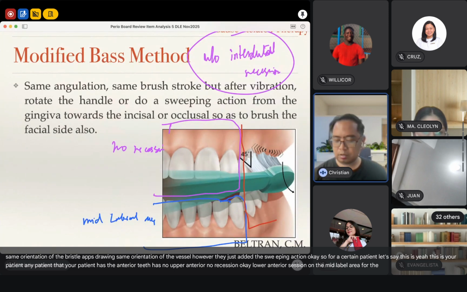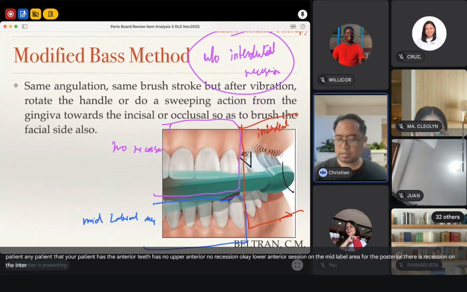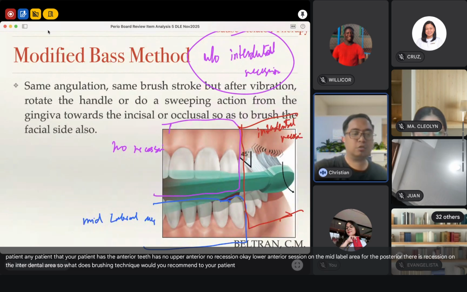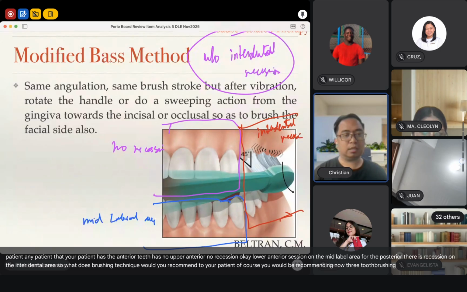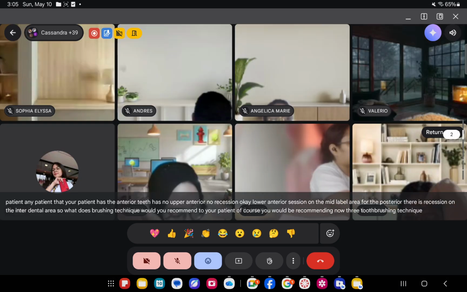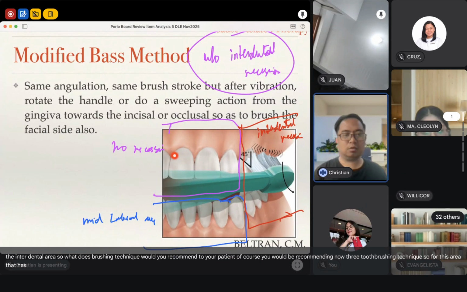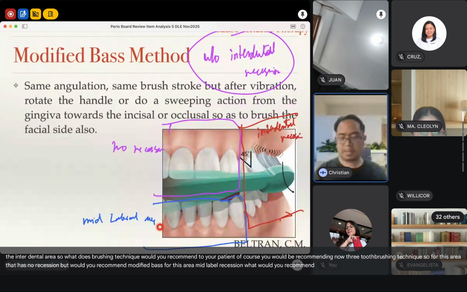For the posterior, there is recession on the interdental area. So what toothbrushing technique would you recommend to your patient? Of course, you would be recommending now 3 toothbrushing techniques. Tatlo. So for this area that has no recession, what would you recommend? Modified BAS. For this area, mid-labial recession, what would you recommend?